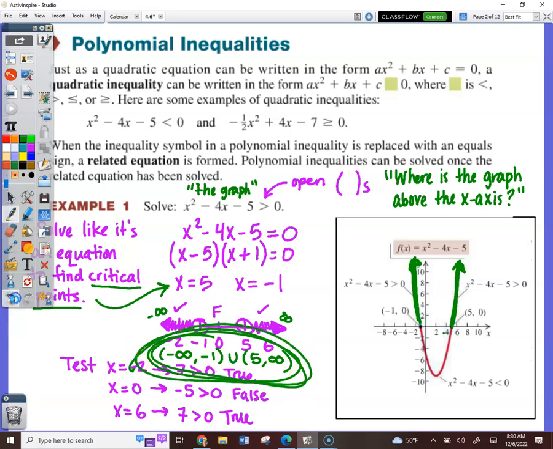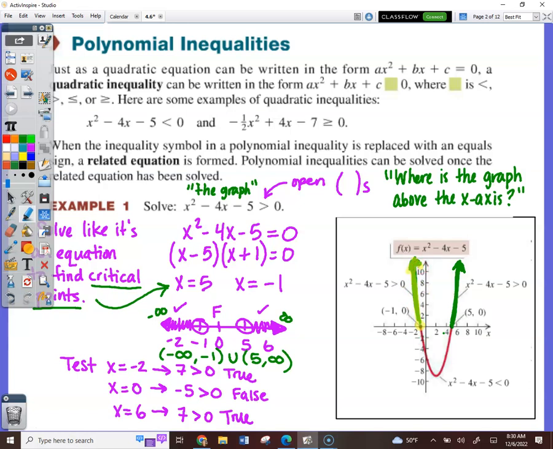And you might think, well, how in the world am I supposed to get that out of looking at the graph? Well, if you look at where the graph is based on the inequality, in this case, above the x-axis, you would tell yourself, well, since it's from here going up, it's also going where?